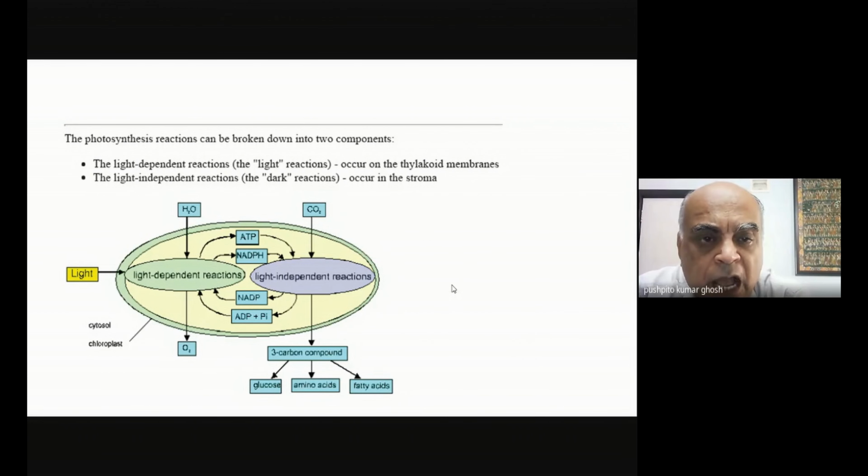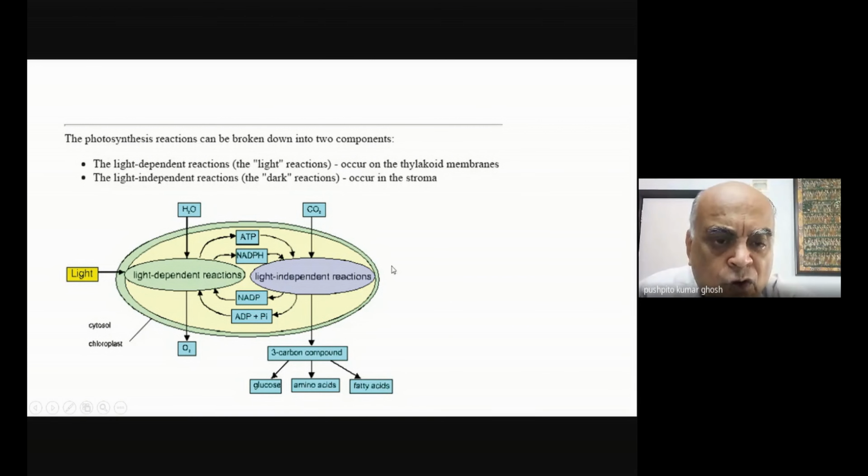Now let us look a little more at photosynthesis. There are two different types of reactions that actually happen during photosynthesis. All biologists will know it. Others may or may not know all the details, so I'll cover it.